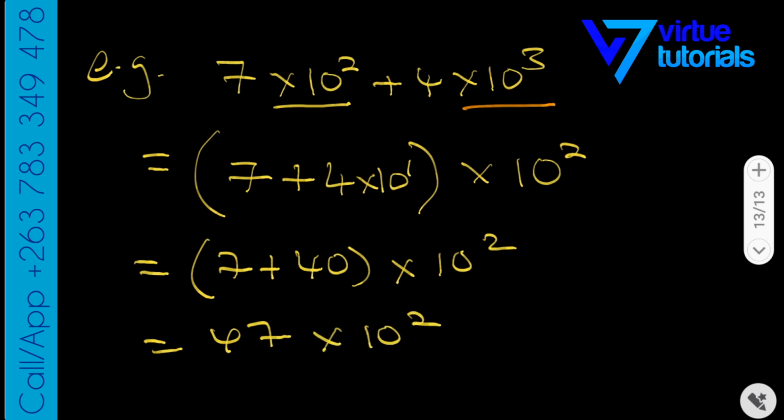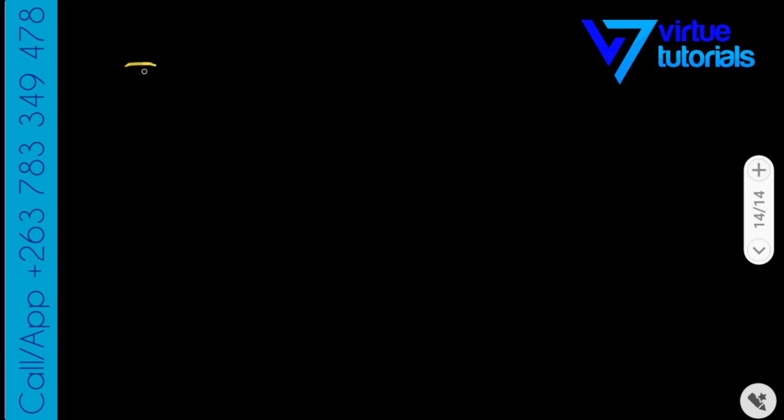Now you need to be careful here. This number 47 times 10 to the power 2 is not actually in standard form. It appears to be in standard form, but it's not. How so? The comma is not between the first and the second significant figure. So I need to go a step further to convert this 47 to standard form. Let me just write it first, 47 times 10 to the power 2.